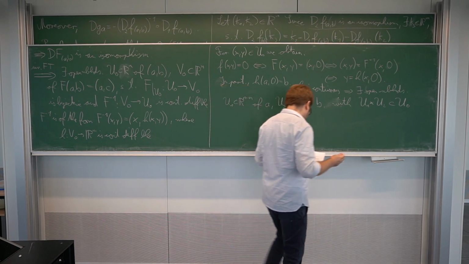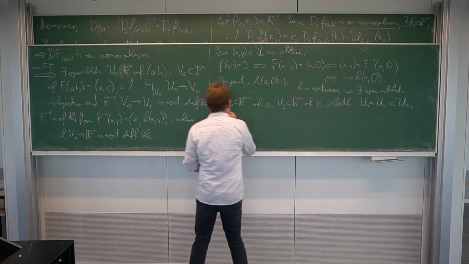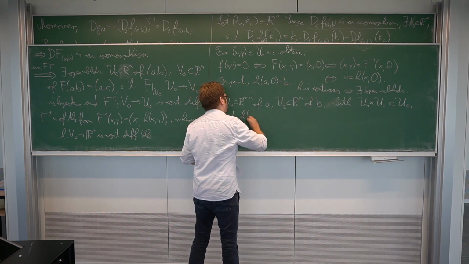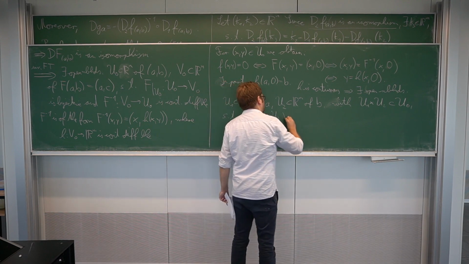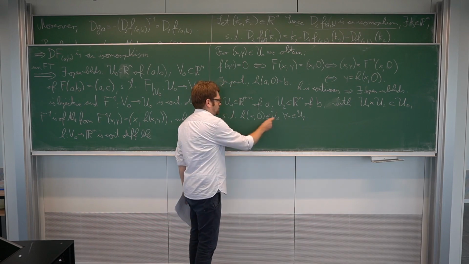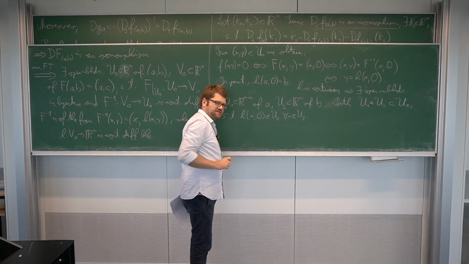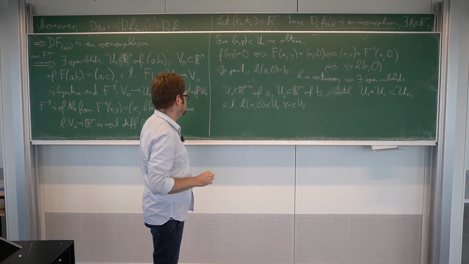So we can do this in such a way that h of x0 is in u2 for all x in u1. So we stay inside of u2 if we wiggle with x a bit around a. This is the idea here, and this follows from continuity. I will not fill in the details here.